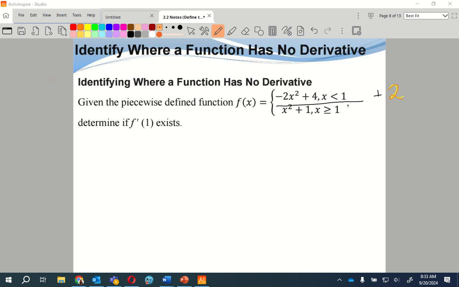So I get a positive 2 there. Now if I plug 1 into the other side, I get 1 squared, 1 plus 1 is 2. And the function also has to be equal at the point.